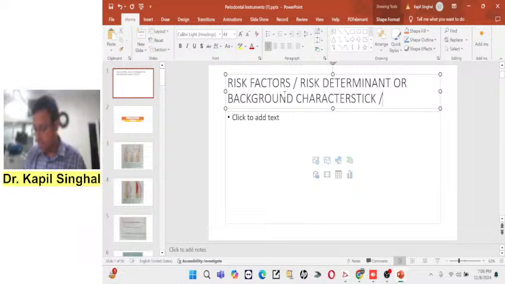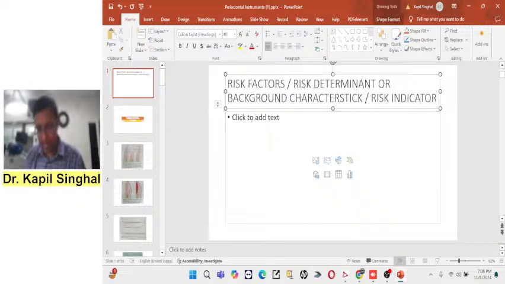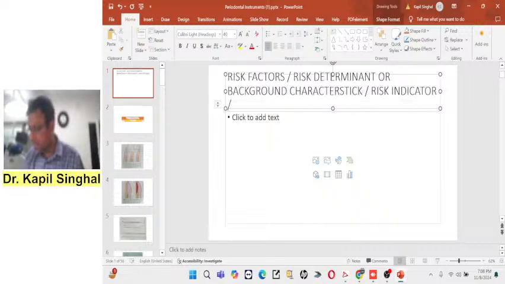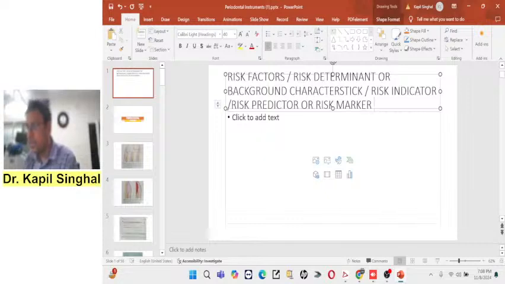Next is a risk indicator, and the last is a risk predictor, also known as a risk marker. Okay, so you need to understand the terminologies because a lot of time they ask questions regarding this.